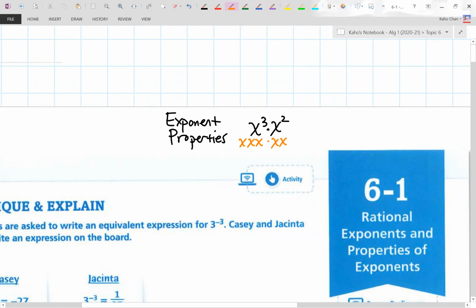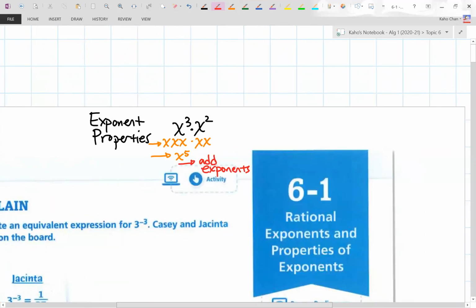And you counted them up. Oh, there are 5 of them. Literally. So that told you that the rule is to add the exponents. That was the rule when it comes to multiplying exponents.